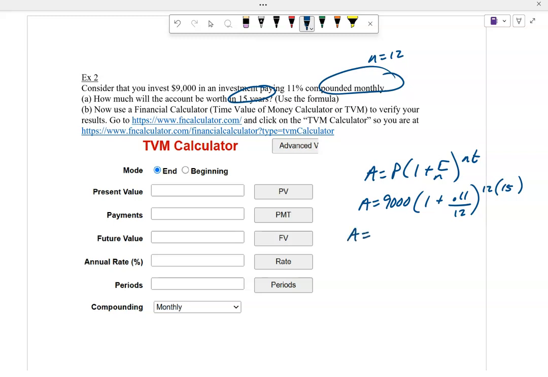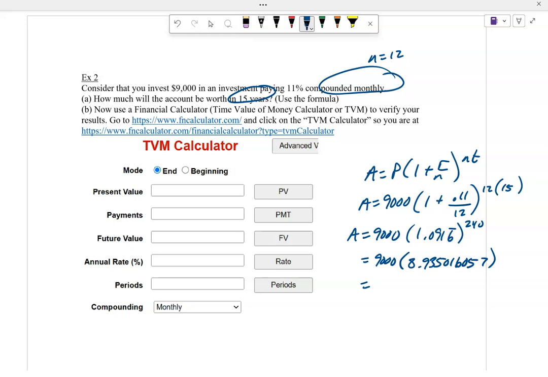And so this will end up being 9,000 times 1 plus 0.11 divided by 12, that's 0.0916 repeated, so 1.0916 repeated. 12 times 15 is 240. And then 1.0916 repeated to the 240th power, and then I punch that in times 9,000 in the front.